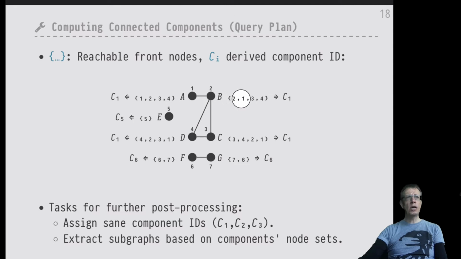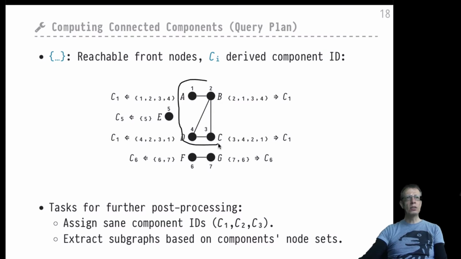We could reach A, we could reach C, and we could reach D. That makes up this set of reachable node IDs: 2, 1, 3, 4. You see that all nodes in this component, all nodes in this cluster, would compute the same set of reachable node IDs, which is of course obvious, right? Okay. So all of these would compute the same set of node IDs.